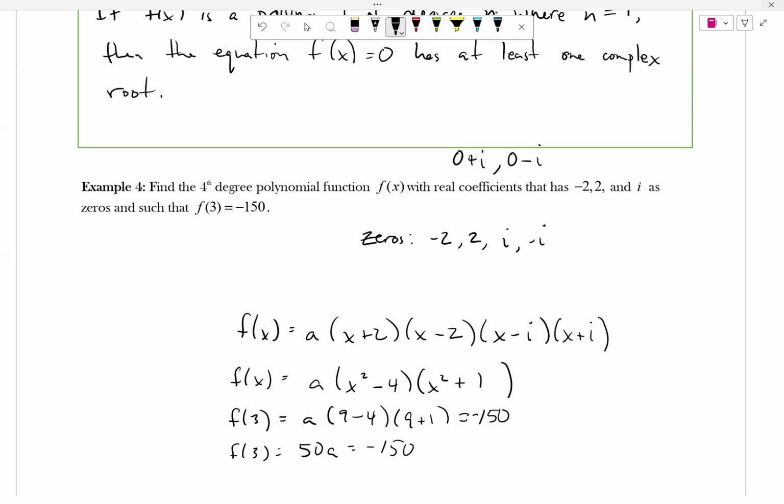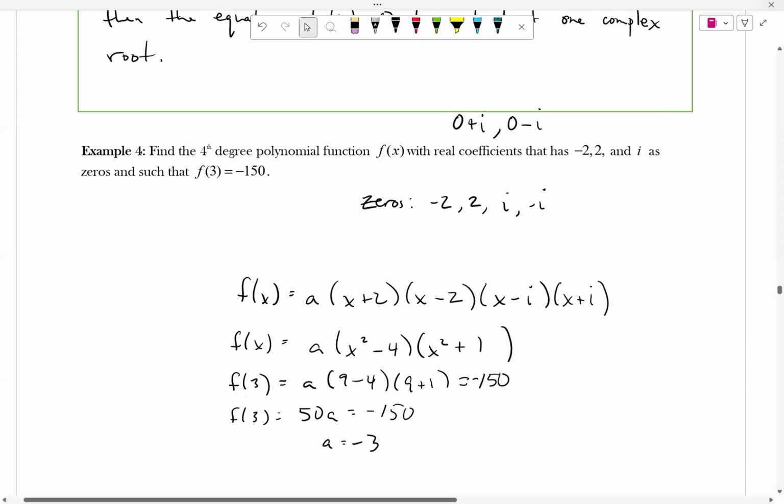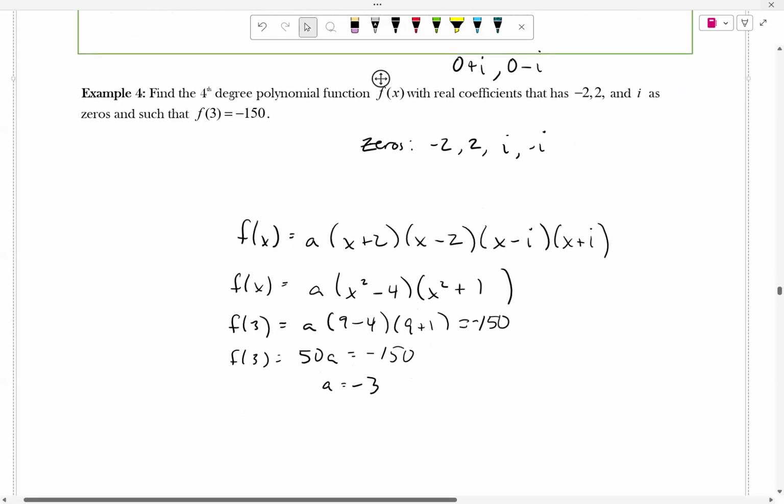Did I do this right? I just found out that A equals -3. Is that the answer to my question? No, the question is to find a polynomial for which all this stuff is true.